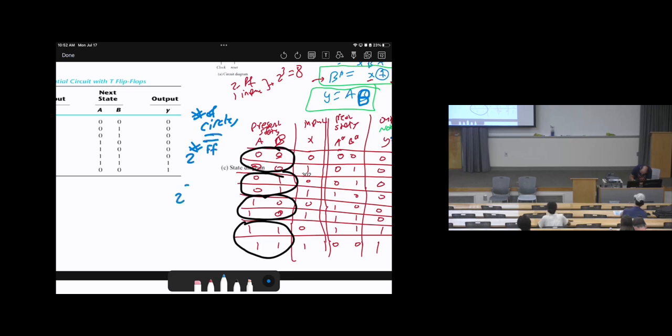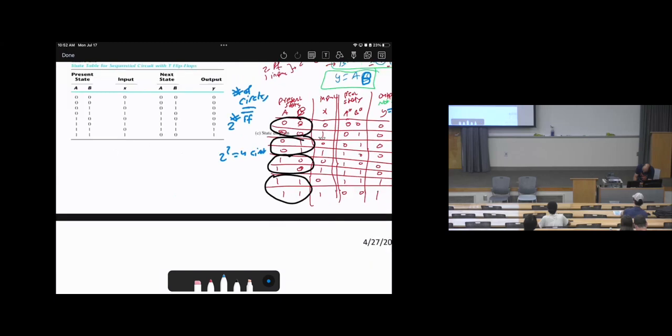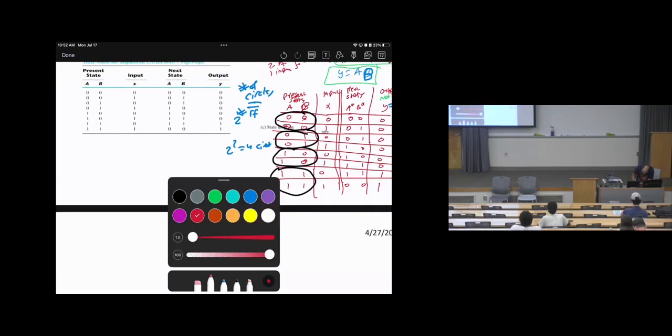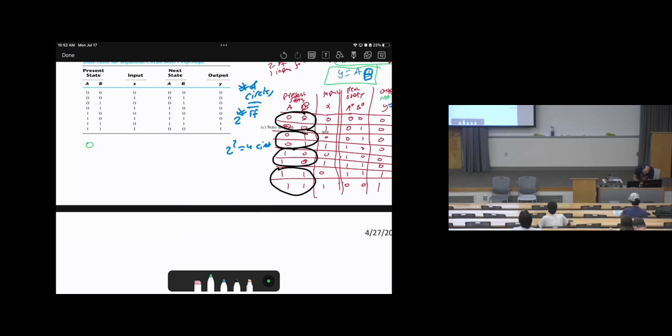So we have 2 power 2 equals 4 circles. Okay? So let me draw the circles here: 0 0, then 0 1, 1 0, 1 1.